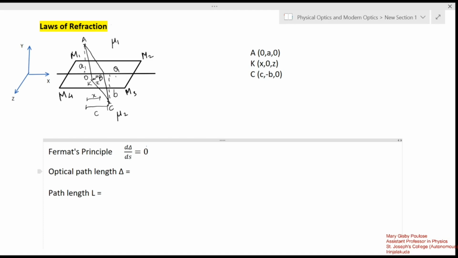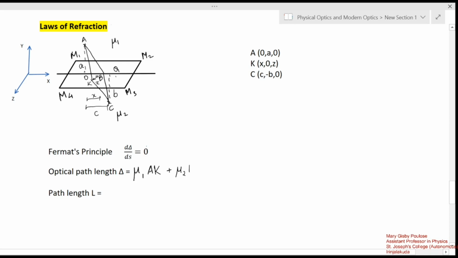The first medium, the optical path length, is given as mu1 into AK. We are using the light ray path AKC. Hence, the path length in the first medium is mu1 AK plus the path length in the second medium is mu2 KC.